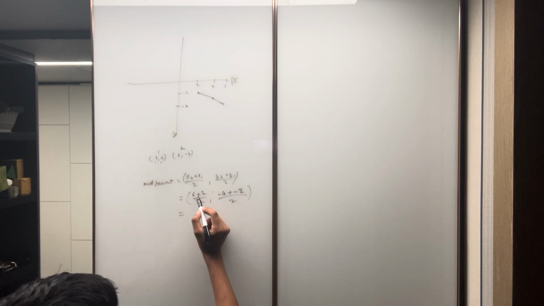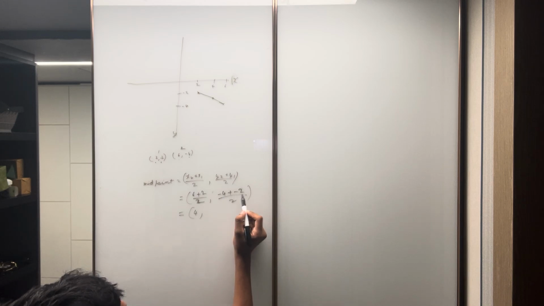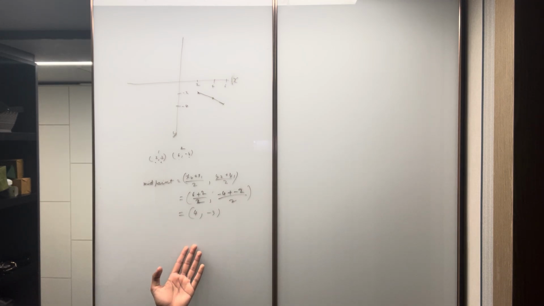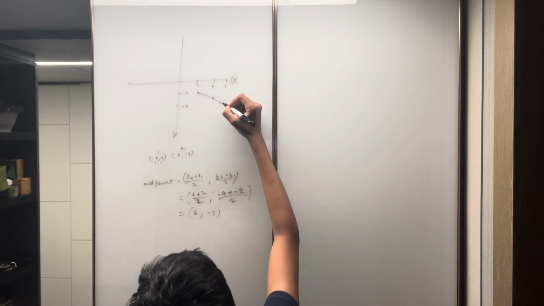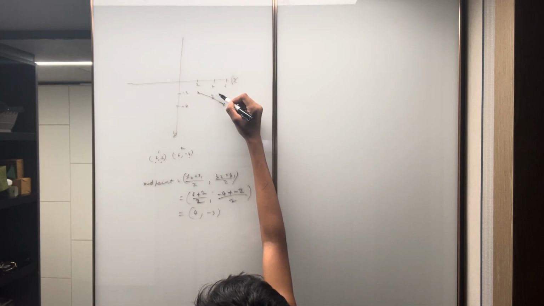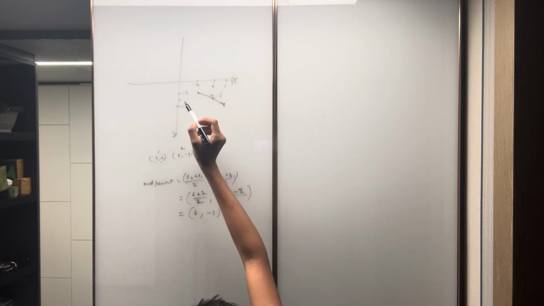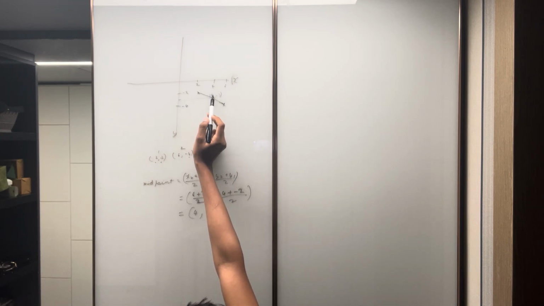We get 6 plus 2, 8 divided by 2, 4, comma, -4 plus -2, that's -6, divided by 2, -3. So this is the midpoint we found using this formula. The middle between these two points is going to be 4, -3. -3 is somewhere here, 4 is here. You can see it's not very accurate, of course, but it comes near to something like that.